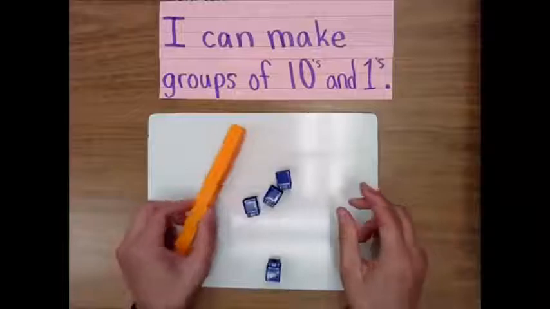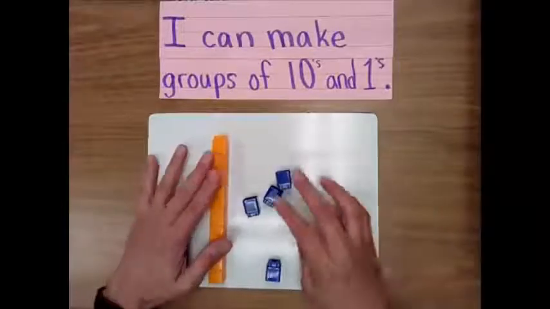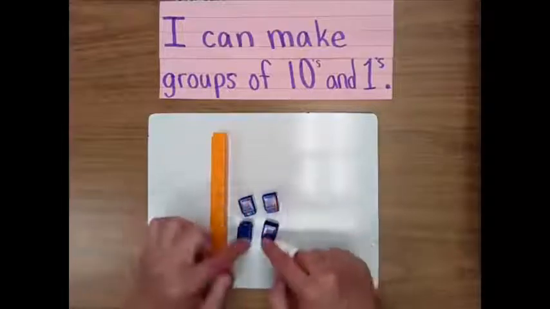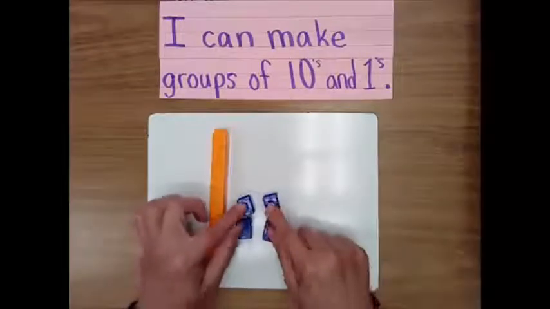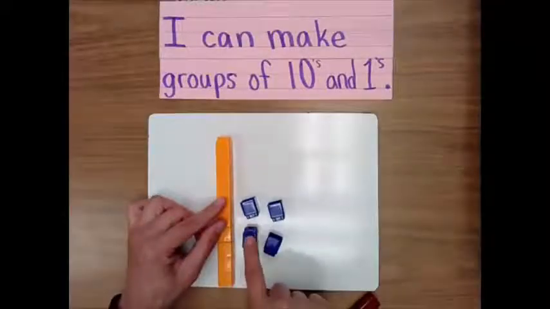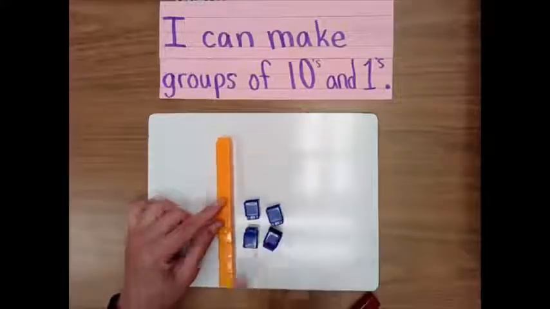Here's one group of 10, and I don't think I have enough to make another group of 10. So I have one group of 10 and then 4 ones.